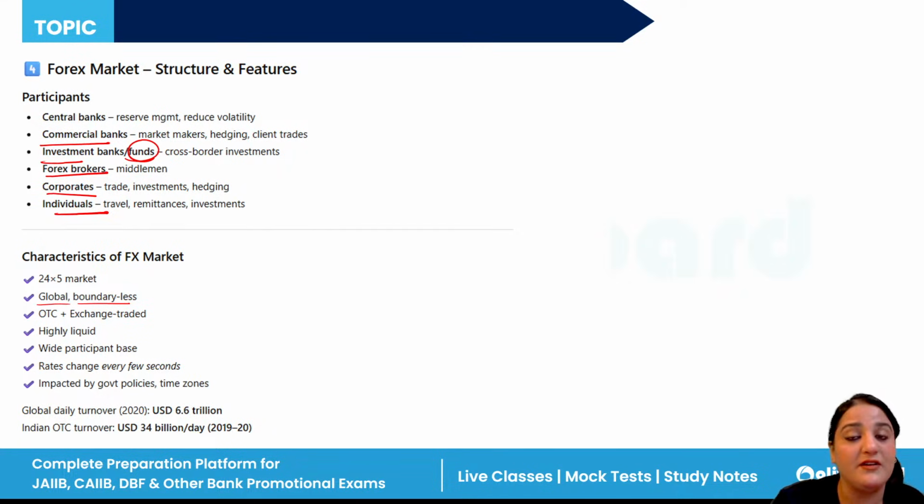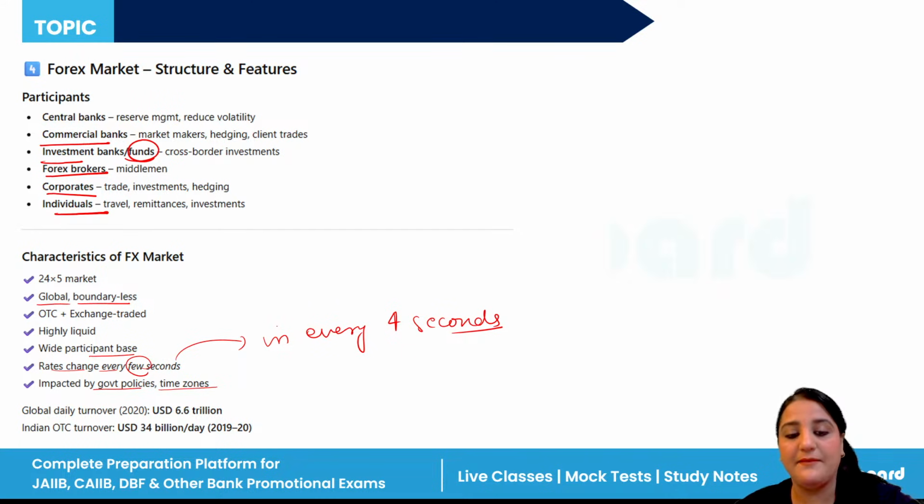It is an over the counter market plus exchange traded market, very highly liquid, because assets are sold very quickly. It has a wide participant base, rates change every few seconds, and it is impacted by government policies and time zones.